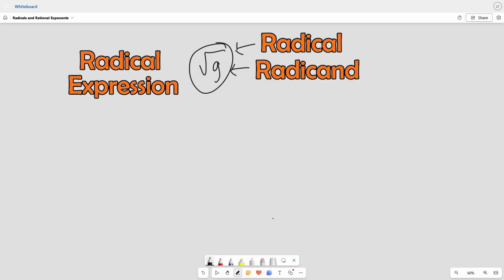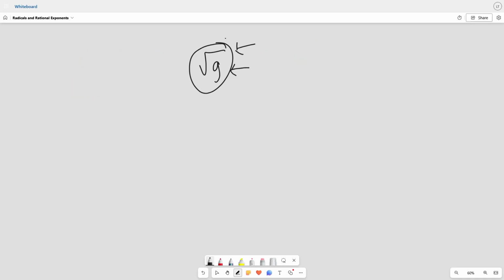Now, whenever we think about taking the square root of something, basically you want to say what squared equals g. And if you can figure out what that is, then you can know the square root. Think of it like the radical.